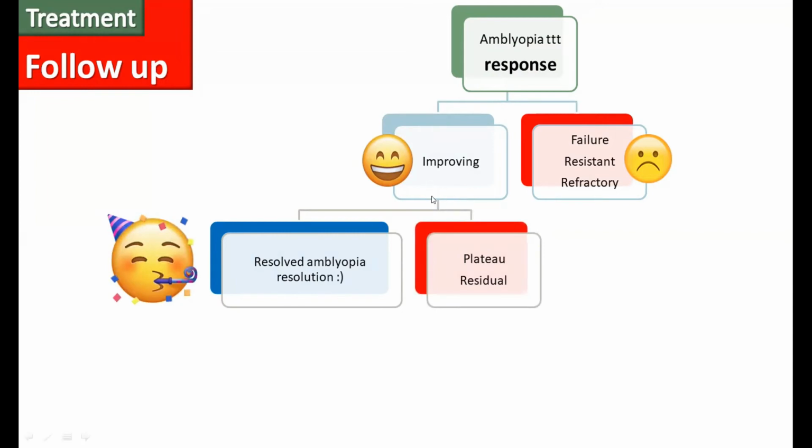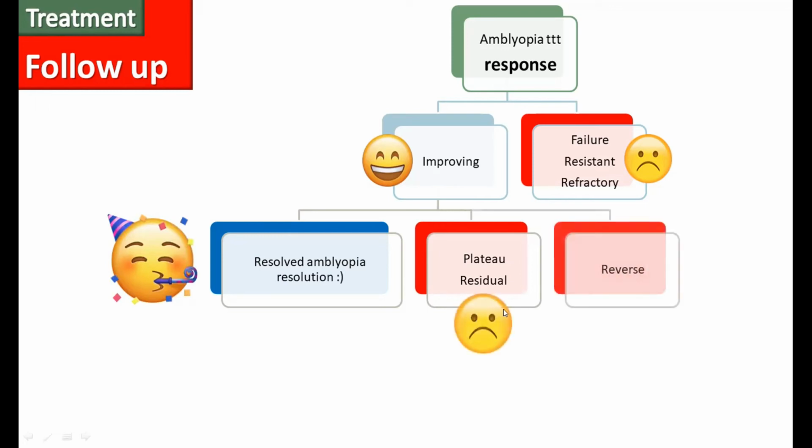But sometimes some kids are improving, but then stop improving. We call it residual amblyopia, or we can call it plateau amblyopia. And again, we are sad. And in rare cases, because we no longer nowadays use full-time patch, we came across reverse amblyopia, in which the previously sound eye developed amblyopia.